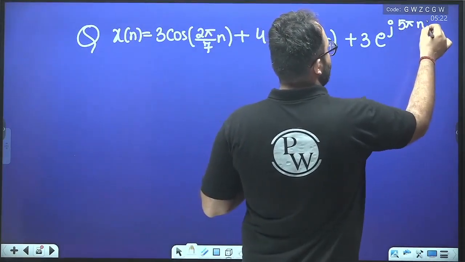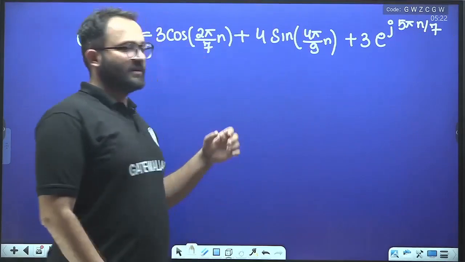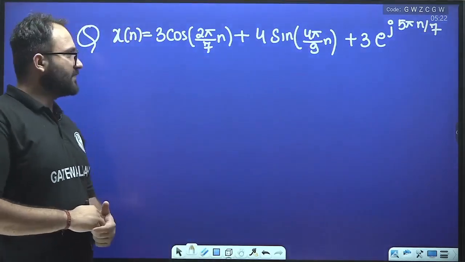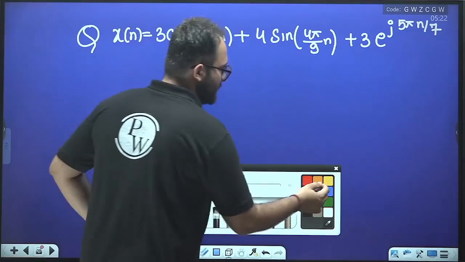Five pi n by 7. Okay, so these are the three signals. These three are discrete signals, and we can easily get the answer.